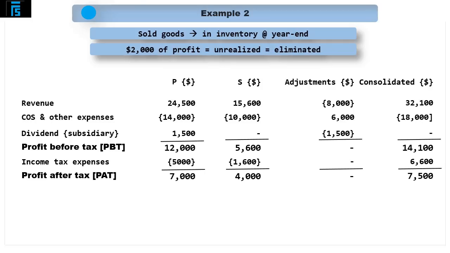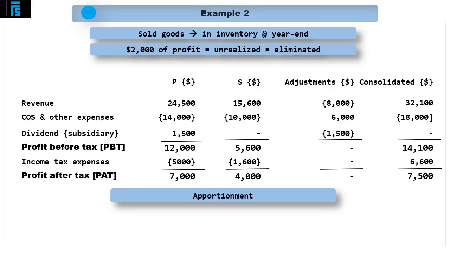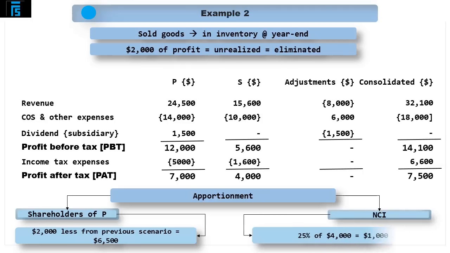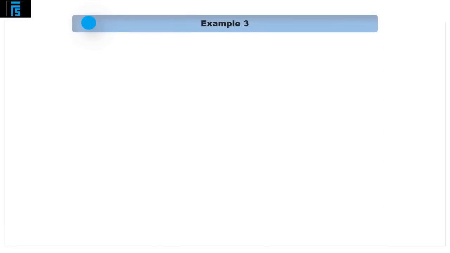Because the unrealized profit was eliminated from the income statement of P, the portion of consolidated earnings that are attributable to the shareholders of the parent will drop by €2,000 as compared to the previous scenario, producing a result of €6,500. The amount of profit which gets attributed to non-controlling interest stays at the same €1,000.